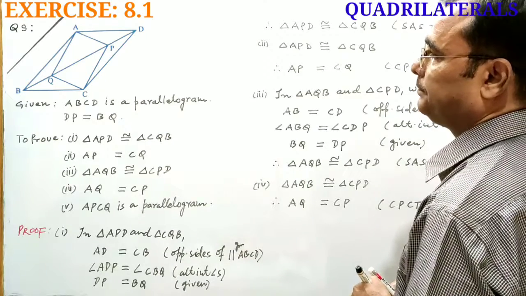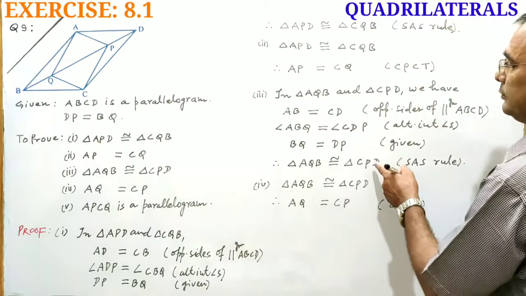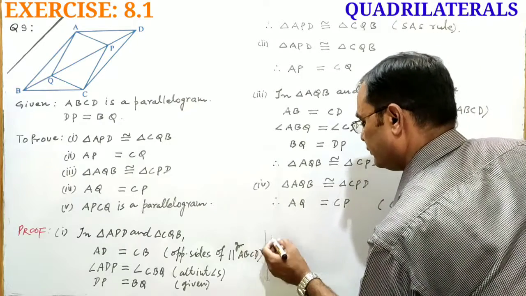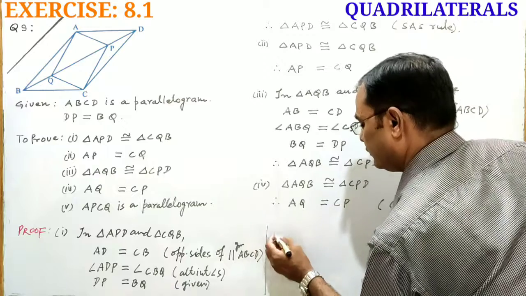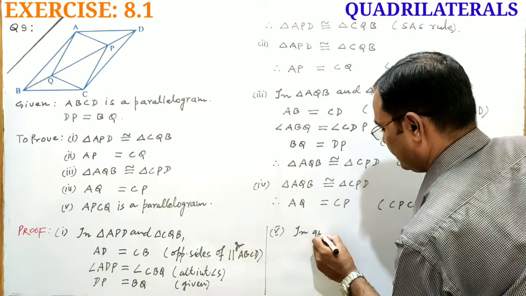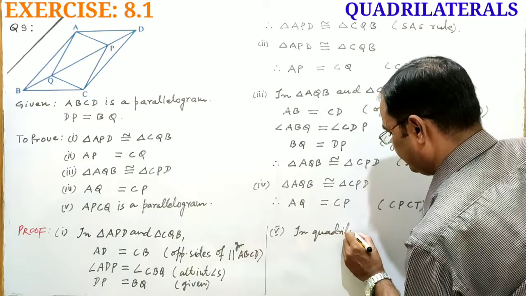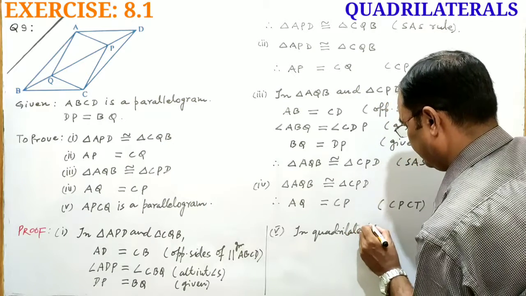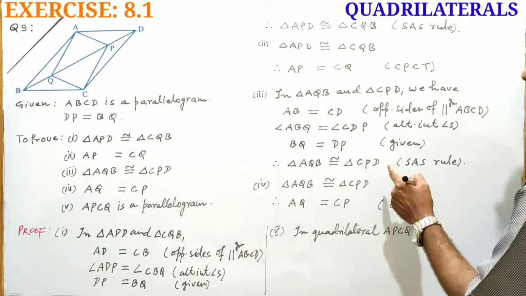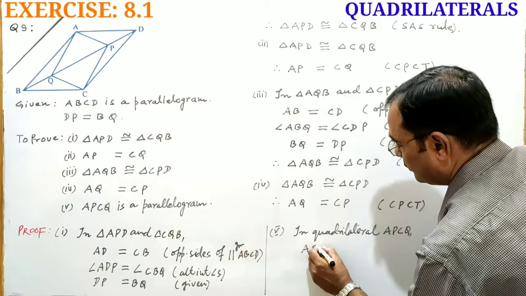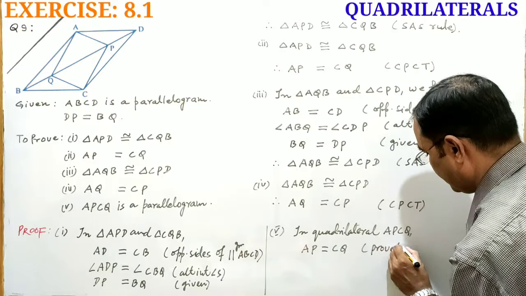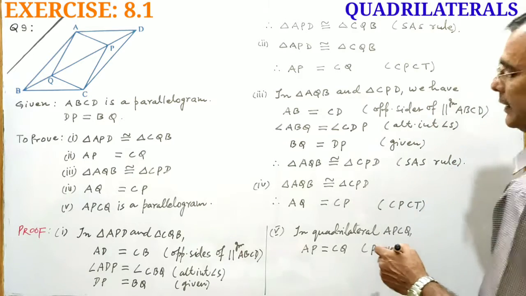Now fifth part. In quadrilateral APCQ, AP equal to CQ, we have proved it in second part.